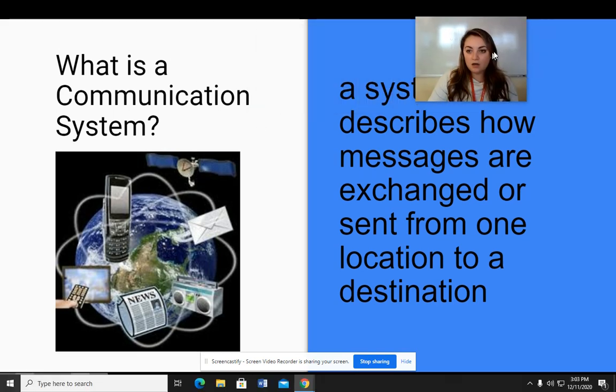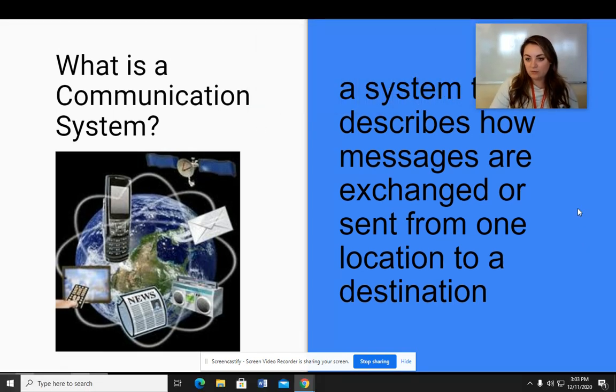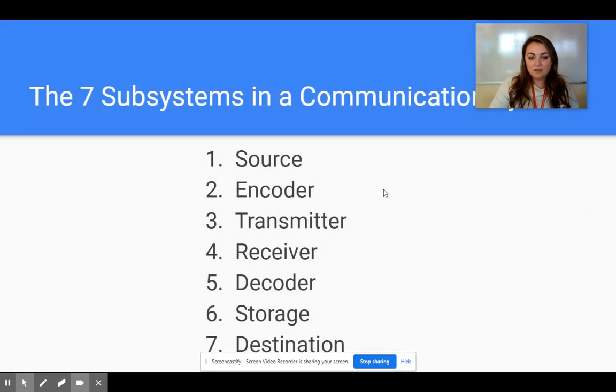And so there are 7 subsystems to a communication system. And like I said, these go in order. So the first subsystem is the source, then the encoder, the transmitter, receiver, the decoder, storage, and the destination. And so you can pause and you can type this in onto your slide.